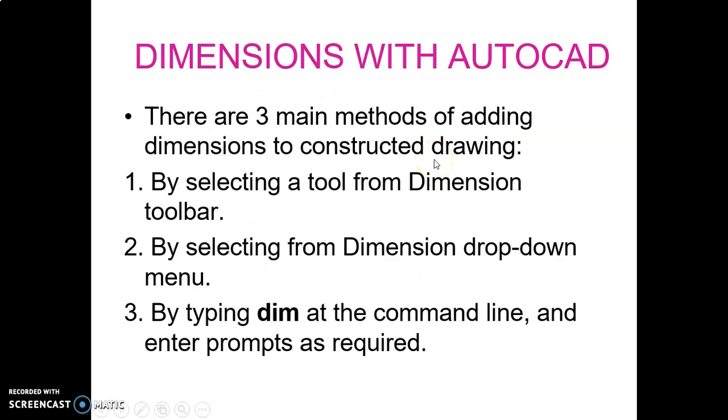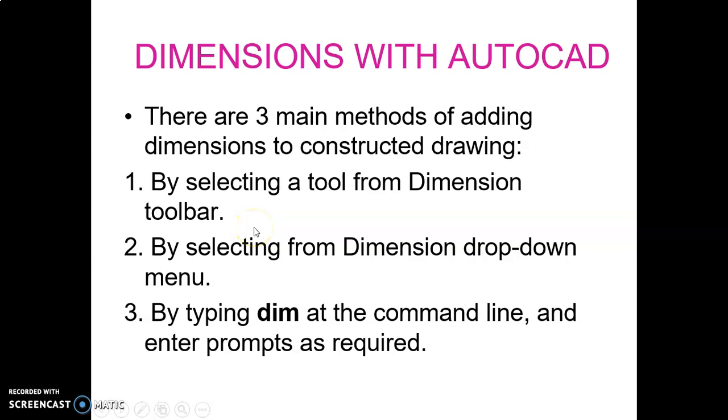And then dimension with AutoCAD. So let's try how to put dimension into your drawing. There are 3 main methods. The first one is by selecting a tool from the dimension toolbar. Daripada toolbar tu you select dimension. Ataupun cara nombor 2, you boleh letak by selecting from the dimension drop down menu.